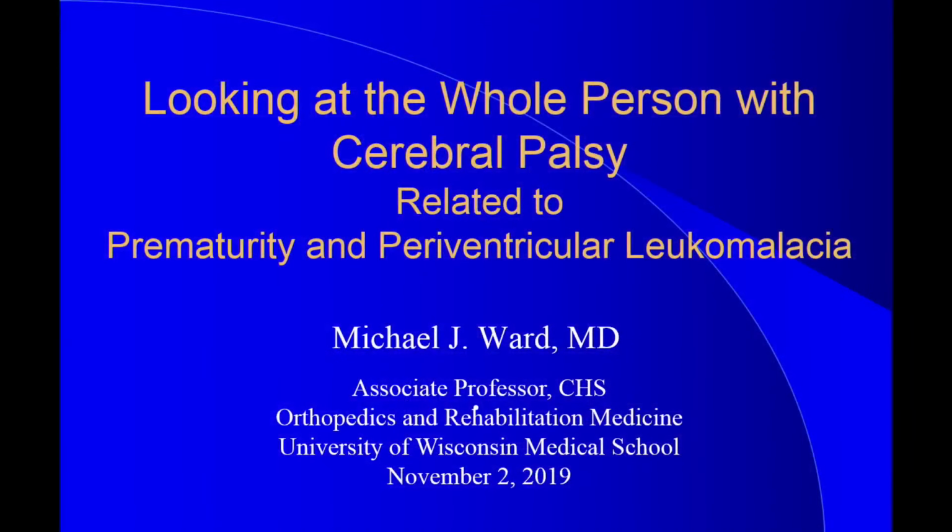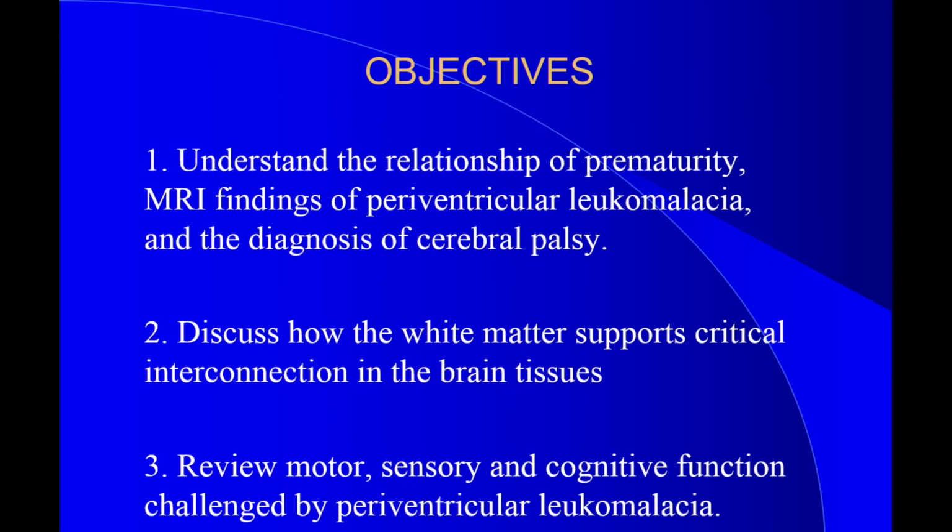So the focus today is on the biggest single group of people with cerebral palsy who've had prematurity and periventricular leukomalacia, and diving down into how broadly this condition affects people through the lifespan. I will help you understand what that means, it's a mouthful. So we want to understand this relationship of prematurity.